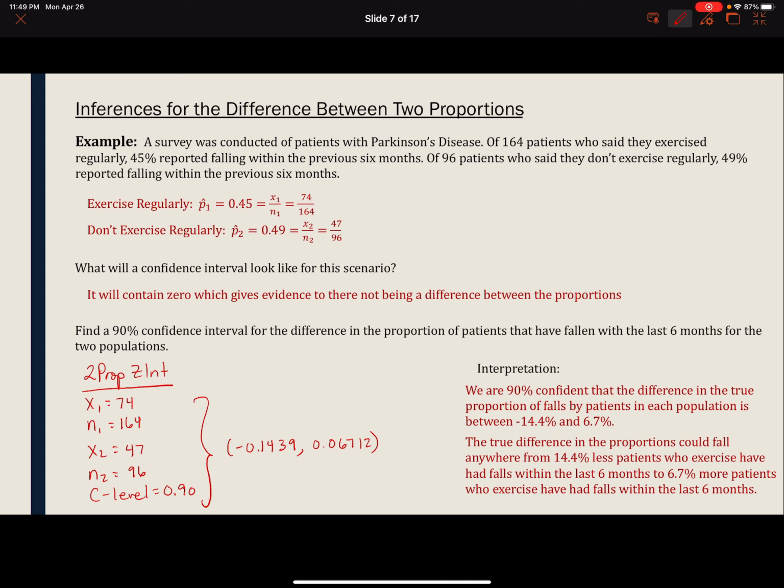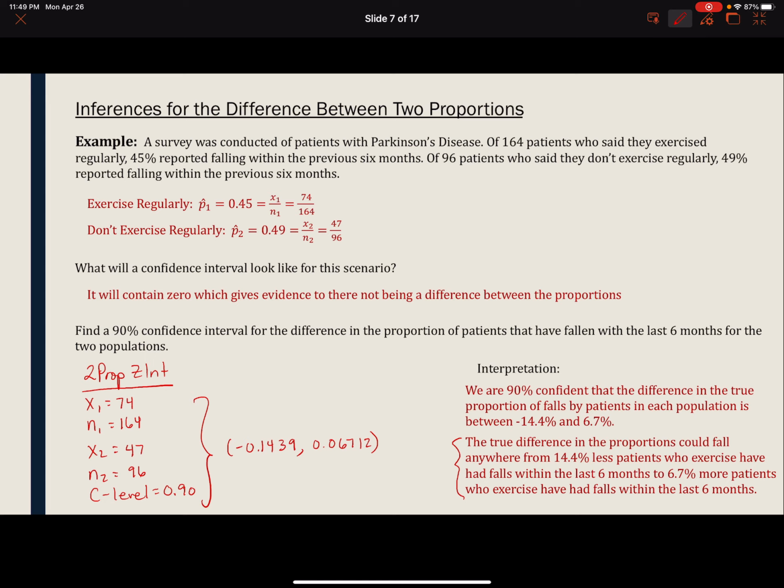So I put this extra little interpretation in here. It says the true difference in the proportions could fall anywhere from 14.4% fewer patients who exercise having had falls within the last 6 months to 6.7% more patients who exercise having had falls within the last 6 months. So really we can't make a conclusion here.